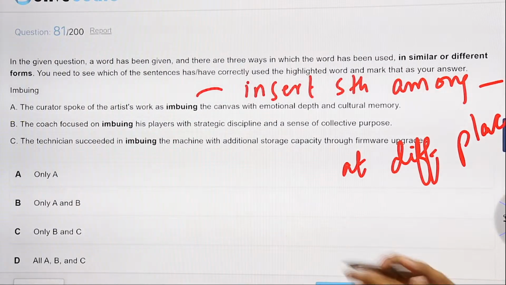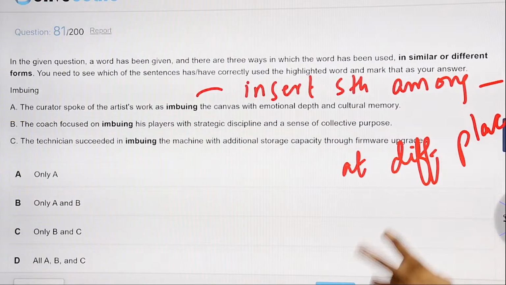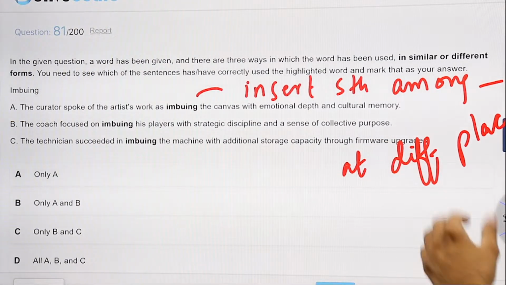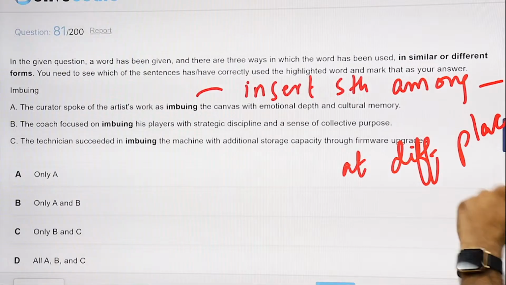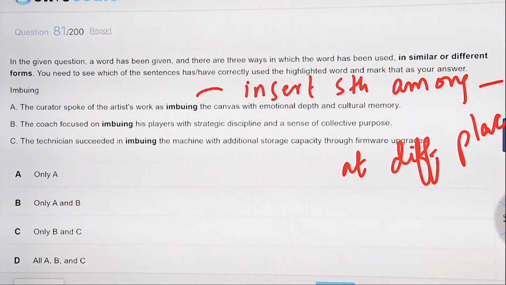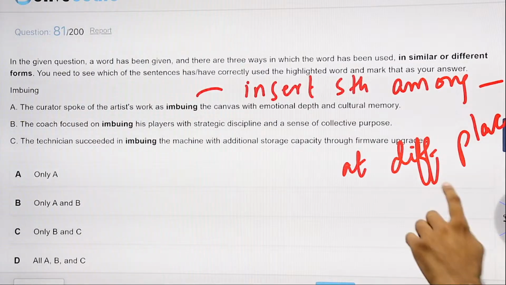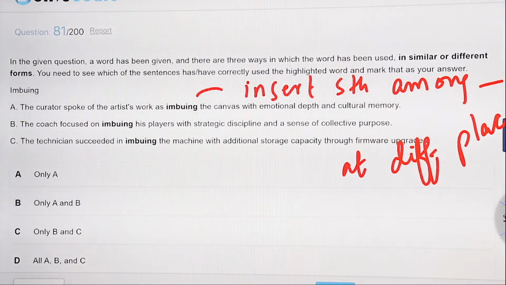The curator spoke of the artist's work as imbuing the canvas with emotional depth and cultural memory. For sure, in your painting, you can insert emotional depth, cultural memory along with the other details of the painting. So not bad, that is fine.